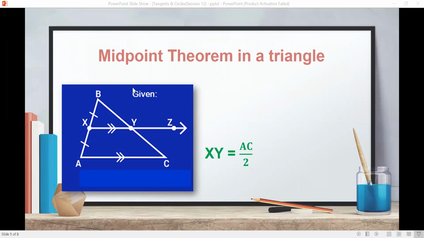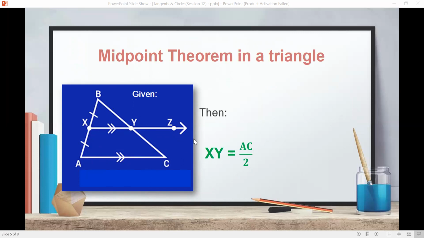Here we consider the triangle ABC. X is the midpoint of BA, Y is the midpoint of BC. So the line joining XY is parallel to the third side, which is AC. Moreover, XY equals AC over 2.